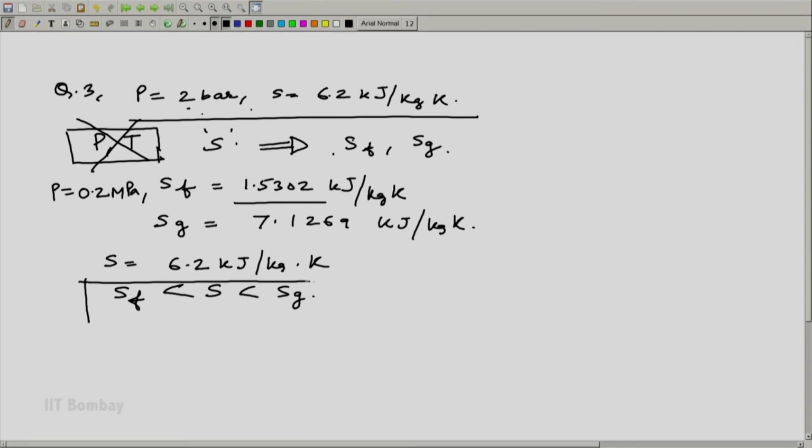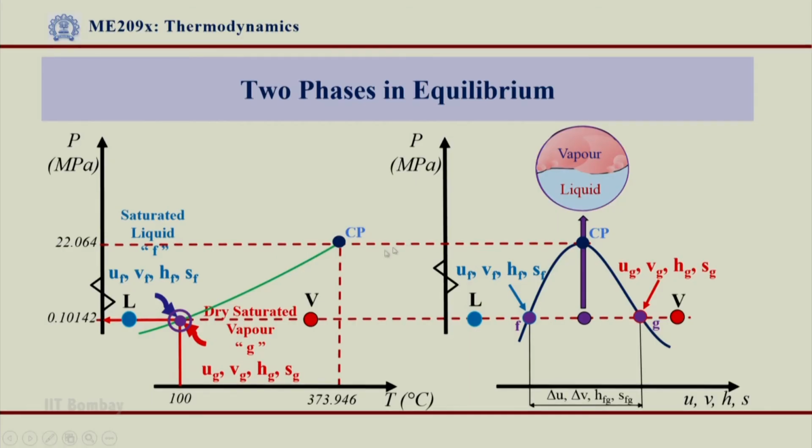This is a very important understanding that we have got with the values of SF and SG. Alright, have your attention here. We have got SF here and we have got SG here, and the given S lies between SF and SG. Our S value is 6.2, our SG value is 7.12 and our SF value is 1.53, and we say therefore 1.53 is less than 6.2 is less than 7.12.